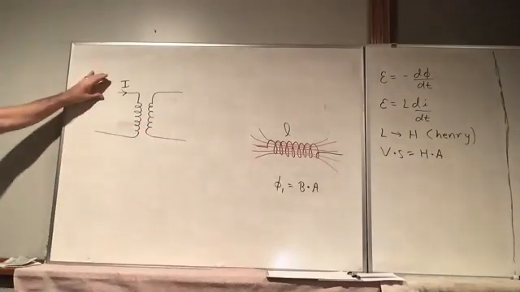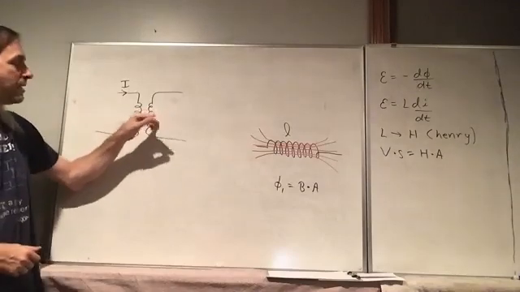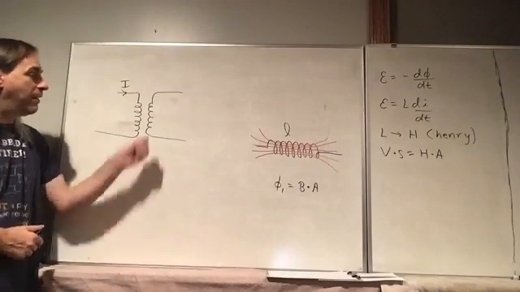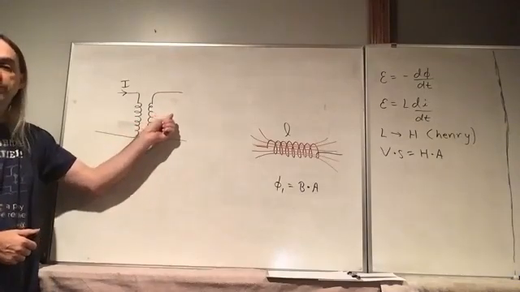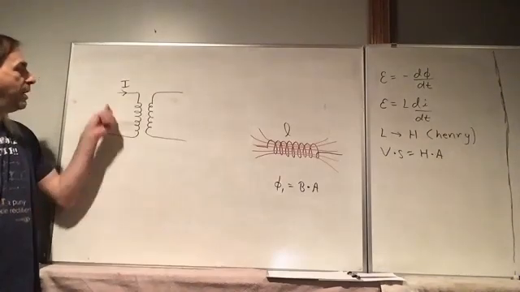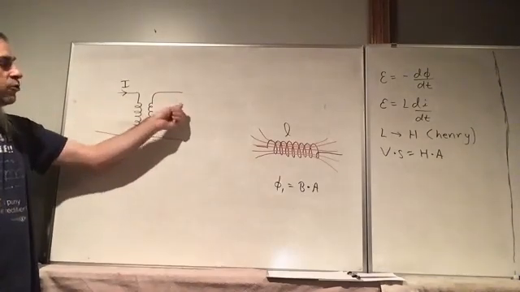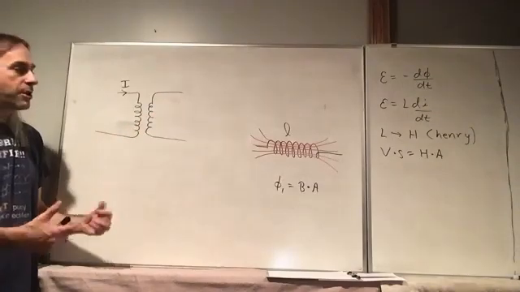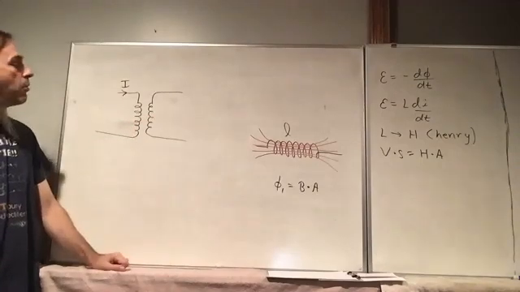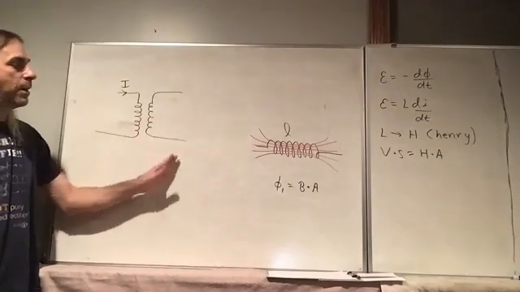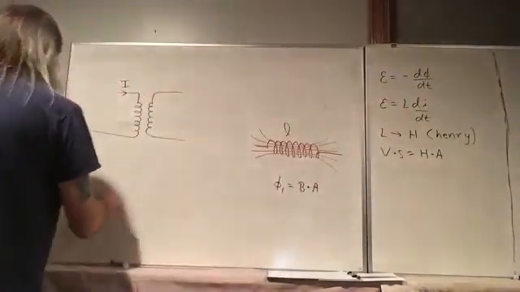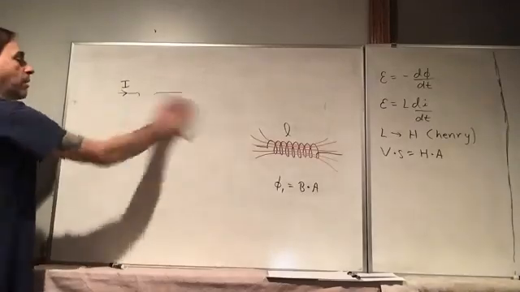So if we change this current, we're going to change the flux in this coil, and that will actually drive a current in this coil. There can be nothing between these two except a vacuum. So a current in one can create a current in the other just through Faraday's law. The changing fields can drive a current in the second coil. That's called mutual induction, but that's a separate topic. So L is for self-inductance. This would be mutual inductance.